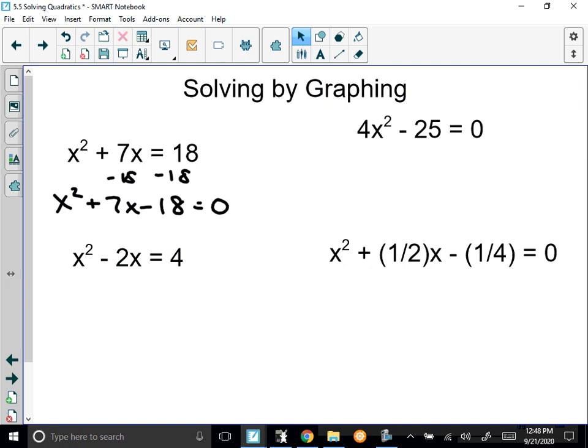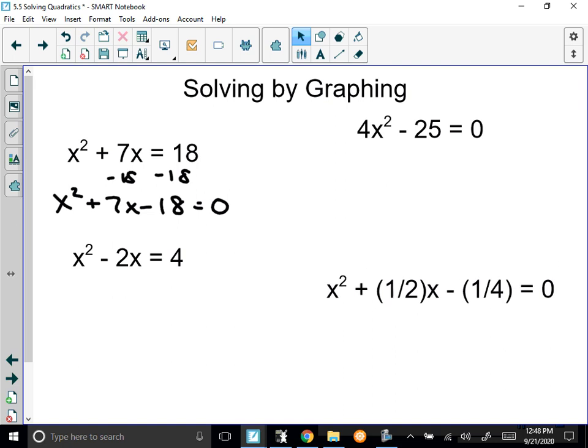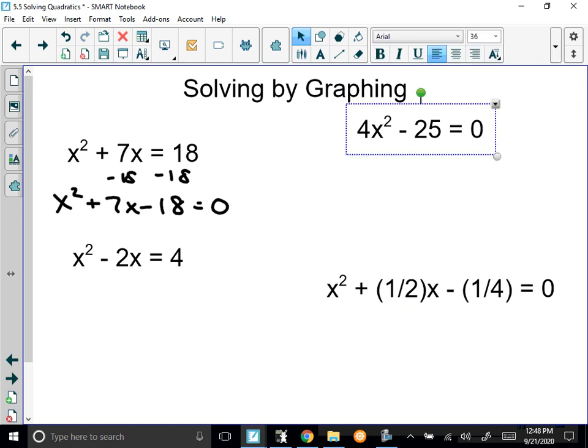We'll do this one. I know we solved it by square rooting before, but we'll do it by graphing. Alright, so the first step, Cassidy, in solving by graphing, what's the first thing I want to do? Doing the fourth, yeah, we're doing this one.